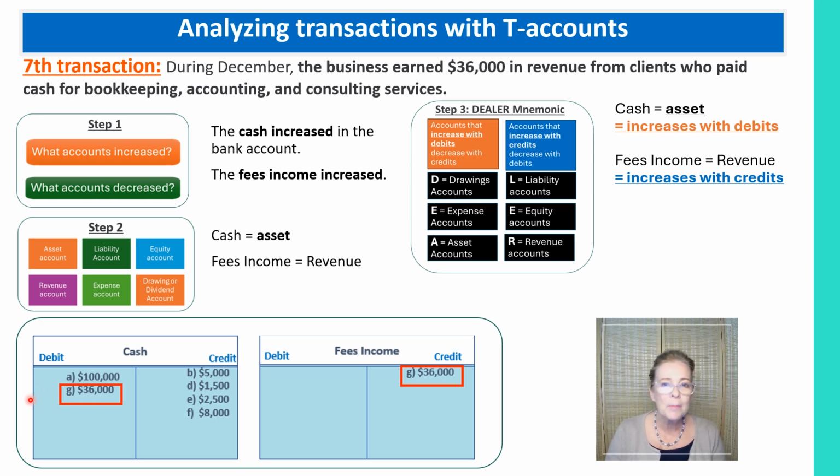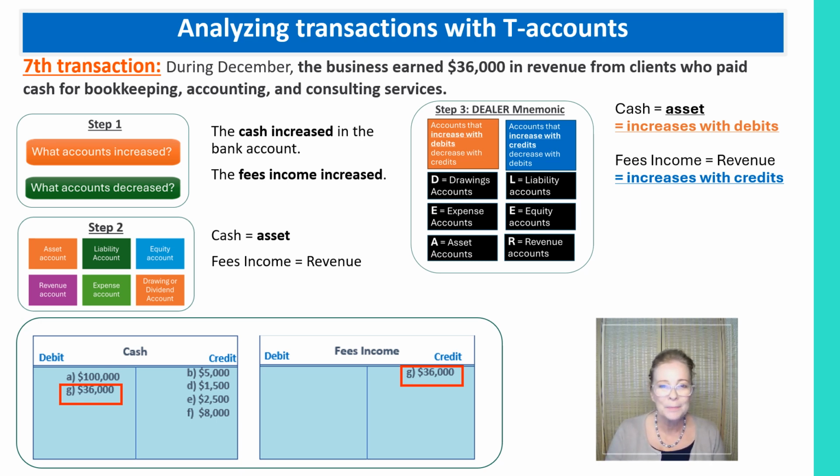We learned in step 3 that revenue accounts increase with credits on the right side of the T account. We create a T account for fees income and write the transaction ID G and the amount of $36,000 into the credit column of the fees income T account. We completed the analysis of our 7th business transaction with the help of T accounts.